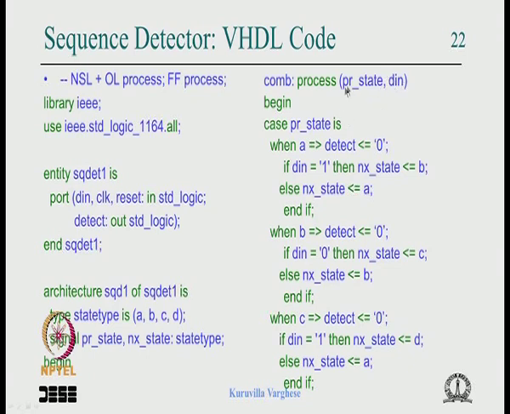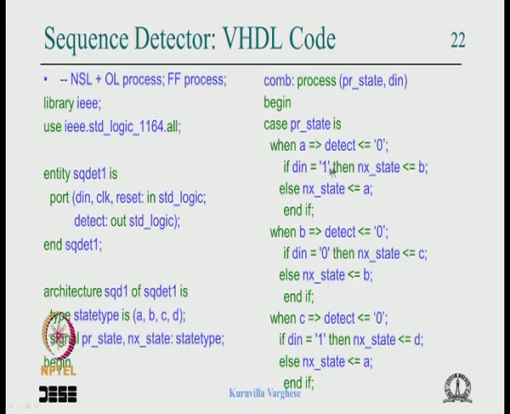The fact that the output logic is combined doesn't change this, because the output logic also gets the same kind of inputs. So present state and DIN, and when we say case present state is, and we take the first state when A, we say detect gets 0, then we have specified the output for a particular state, Moore output, and now we specify the transition.